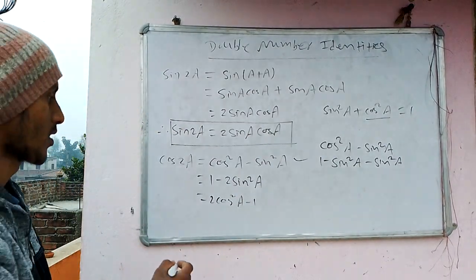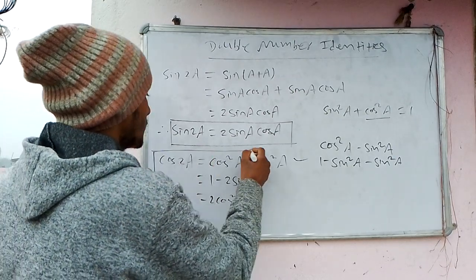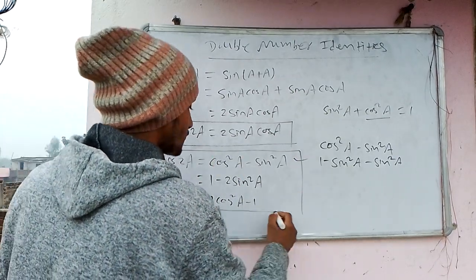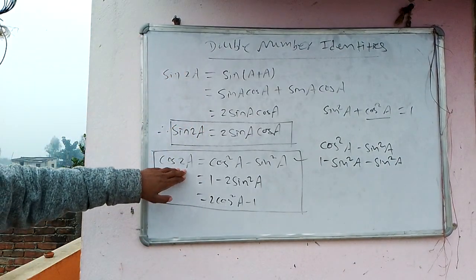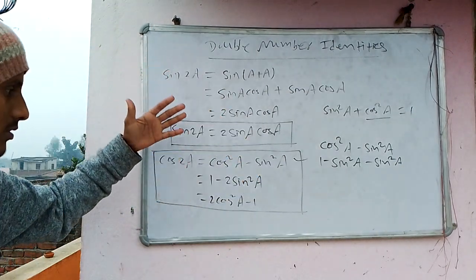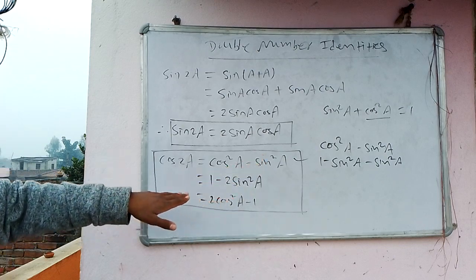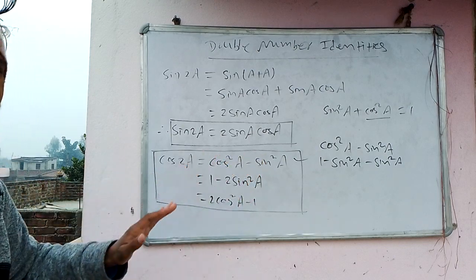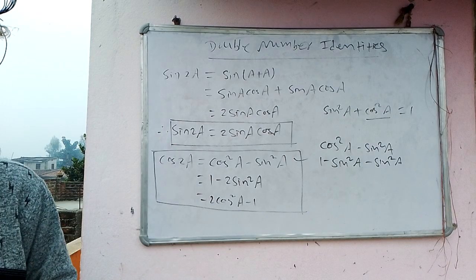So this is your next identity: cosine 2A is cosine squared A minus sine squared A. In terms of sine, this is 1 minus 2 sine squared A. This is also 2 cosine squared A minus 1. Three different ways to write the same thing.